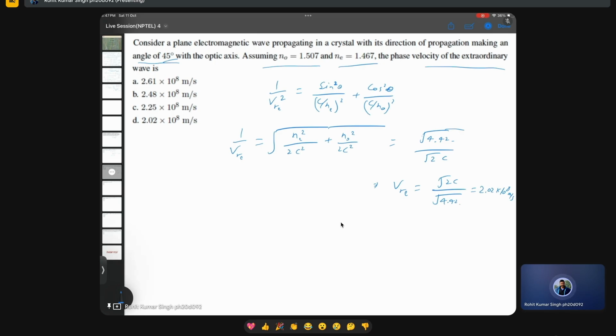This formula I have discussed, you can check. For the extraordinary ray, the velocity is always given by this formula. Okay, then we can go to the next one.